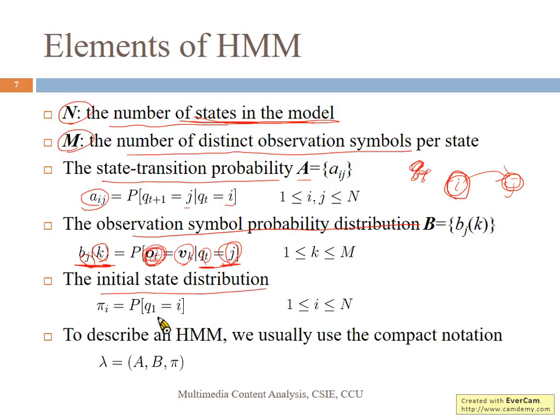That is when we start this model at time instant number 1, it starts at state i. The probability of we initially start from state i is called pi i. So to describe an HMM, we usually use the compact notation lambda is equal to A, B, pi. That means the transition probability, observation probability, and the initial probability.